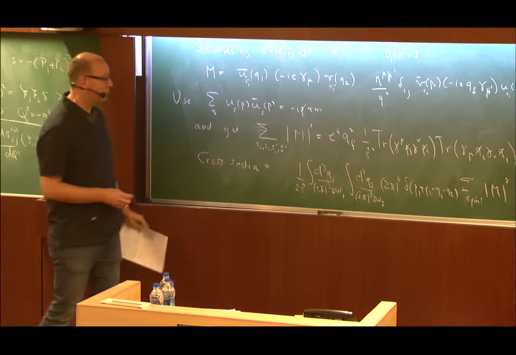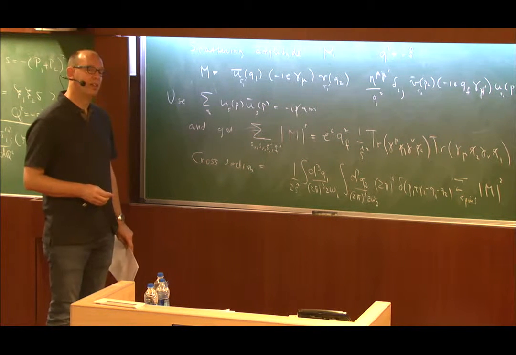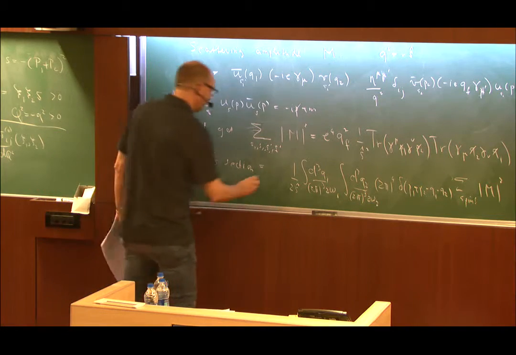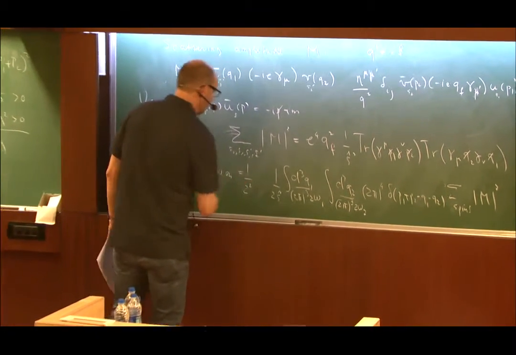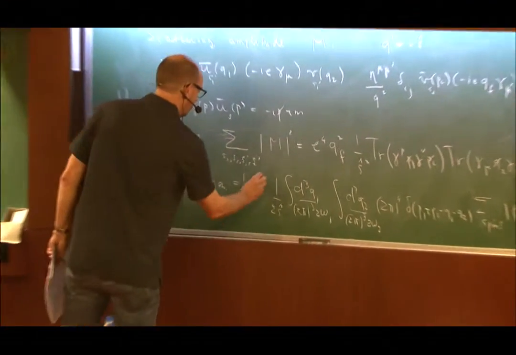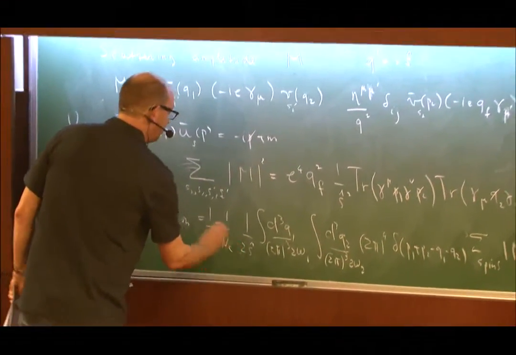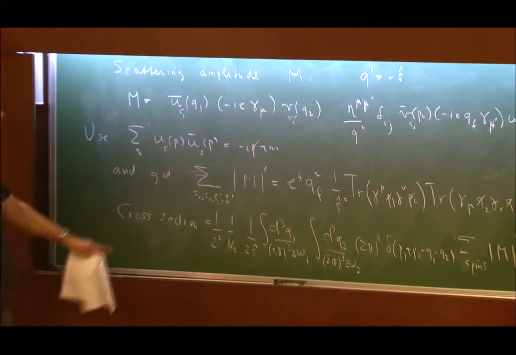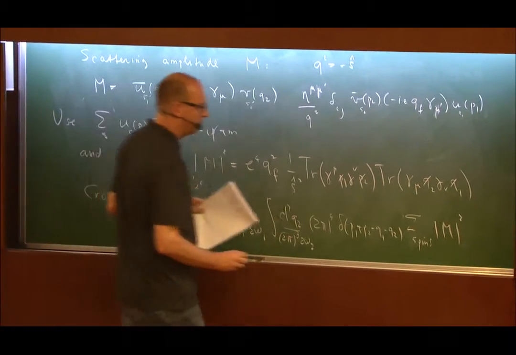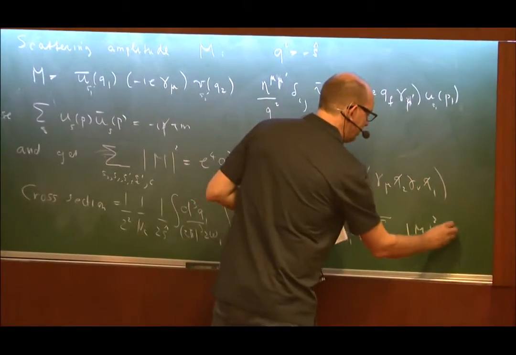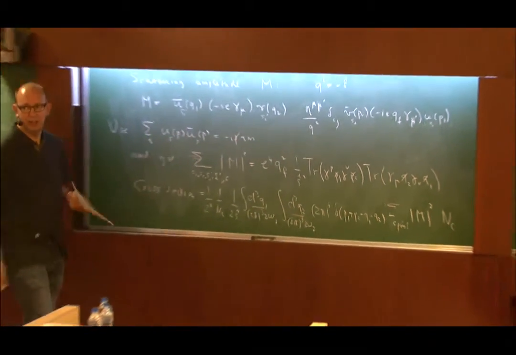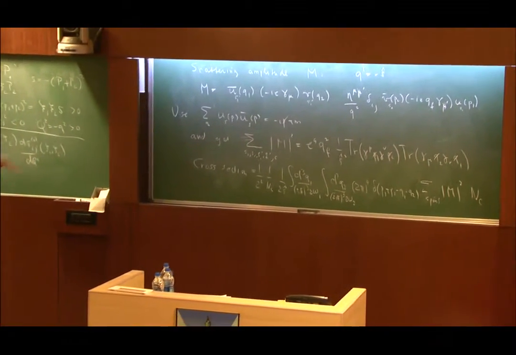An average over the initial spins, so I get for that 1 over 1/2 squared, so you get 1 over 2 squared. Anything else? 1 over initial colors, so we get 1 over N_C. But we must also sum over colors, and that is a factor N_C. N_C is the number of colors, really 3, but I told you I would keep the parameter clear.